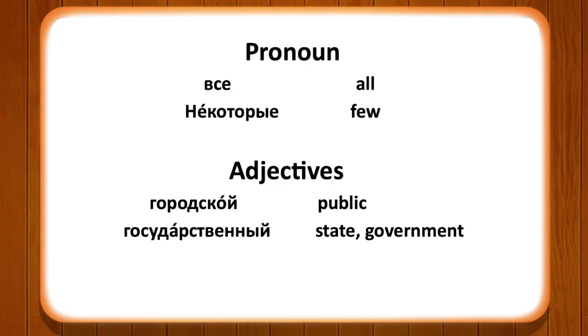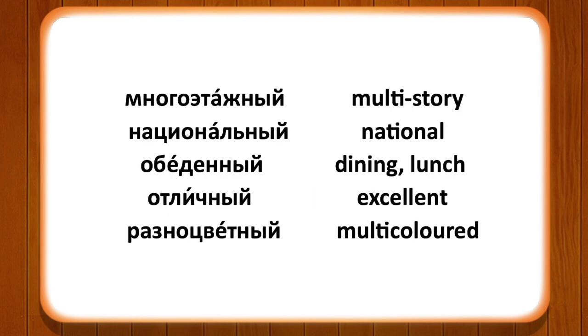Like this, государственный means state or government. For different genders: государственный, государственная, государственное and государственные. Then многоэтажный means multi-story. So like this you can also use многоэтажный дом, multi-story house, многоэтажное здание, multi-story building, многоэтажная, многоэтажные. Then национальный means national.